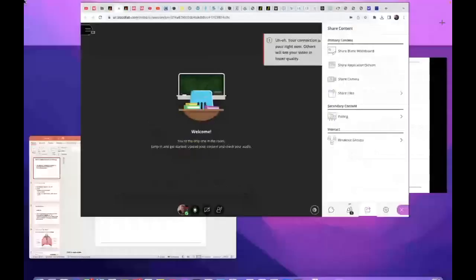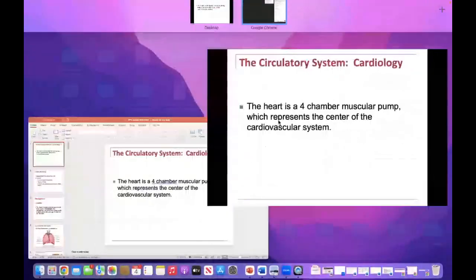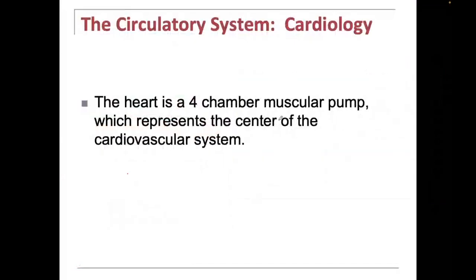Welcome. In this next video, we're going to be looking at and learning about the cardiovascular system. So let's take a look at the heart first. Now, the heart is a four-chamber muscular pump. It represents the center of the cardiovascular system.